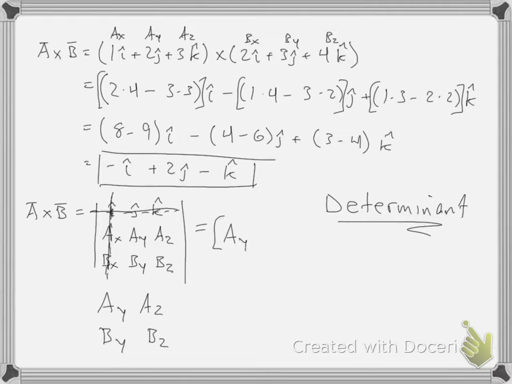Which looks like this. AY times BZ, which was this, minus AZ times BY. Excuse me. And this is the I hat component.